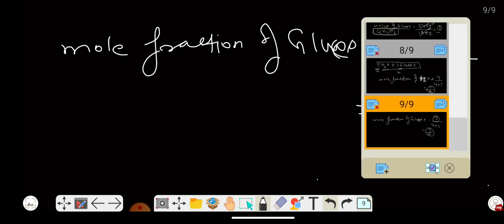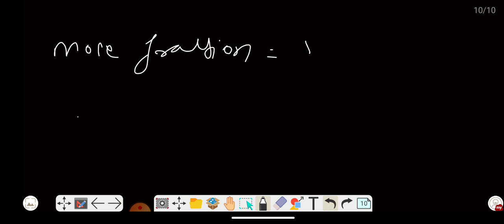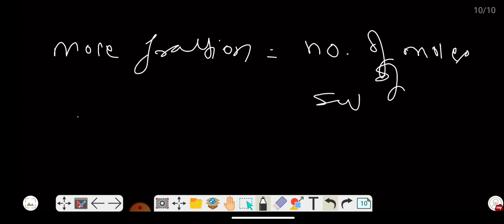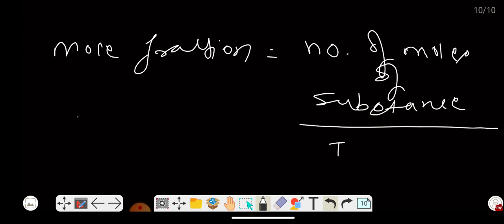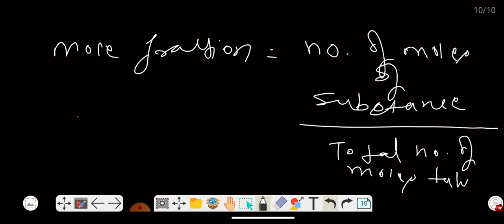So mole fraction is defined as the number of moles of the substance for which the mole fraction is calculated, divided by the total number of moles taken.